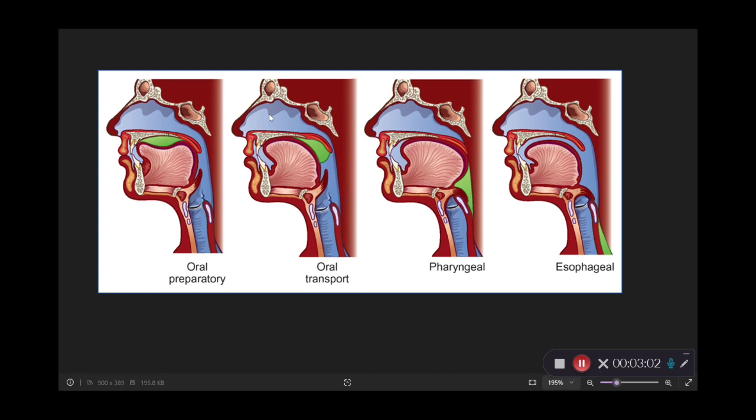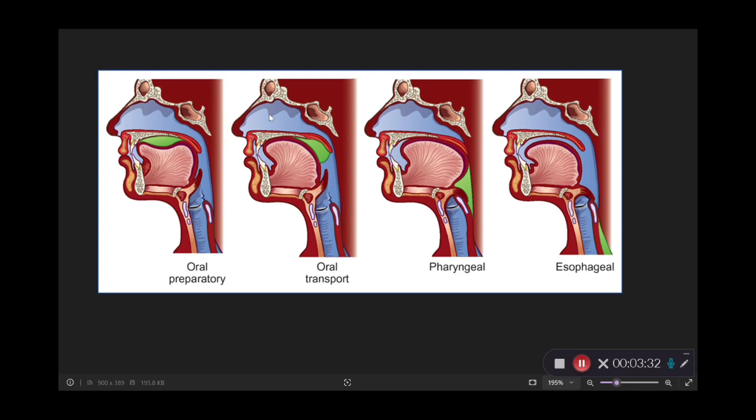The epiglottis is going to tilt down, and that's going to prevent any food or liquid from going into our airway, which would ultimately result in it going to our lungs. And that is what causes you to cough.